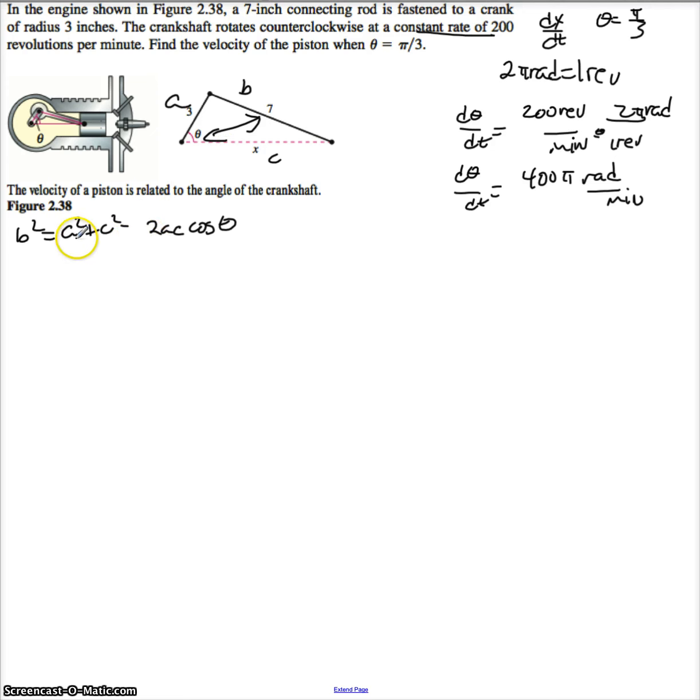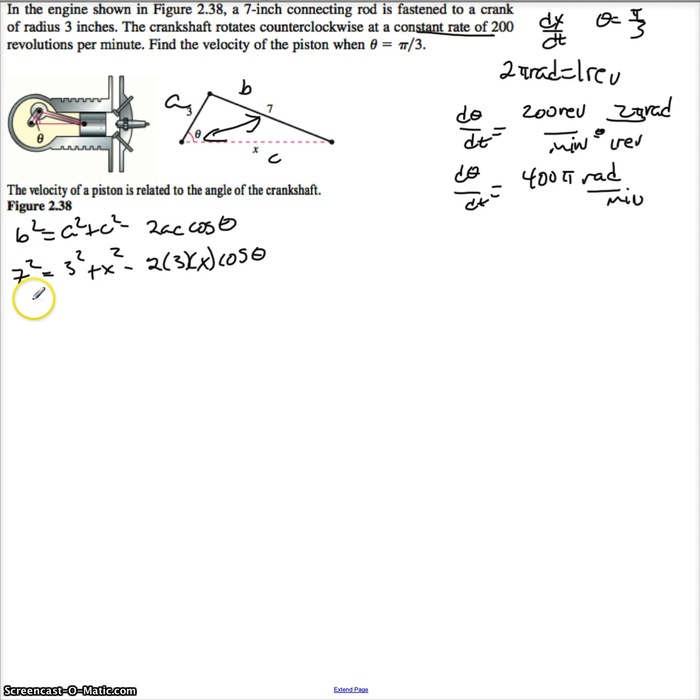All right, now, let me plug in what my values are. This is 7 squared is 3 squared plus x squared minus 2, A is 3, C is x, cosine of theta.